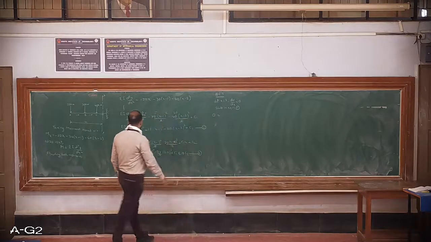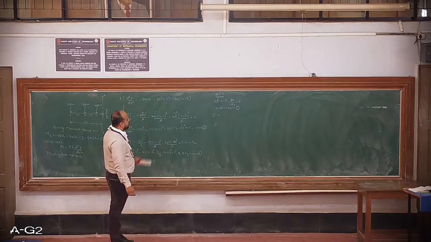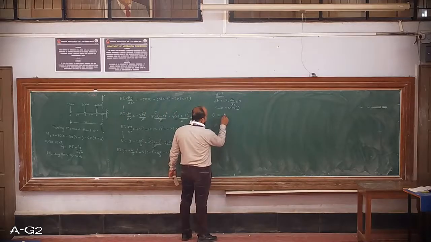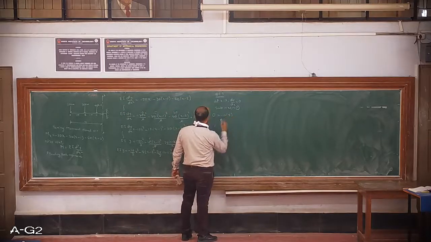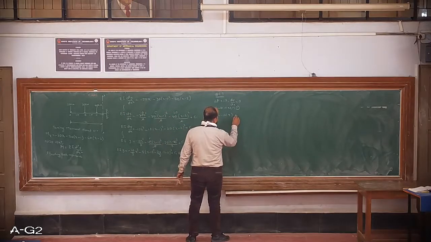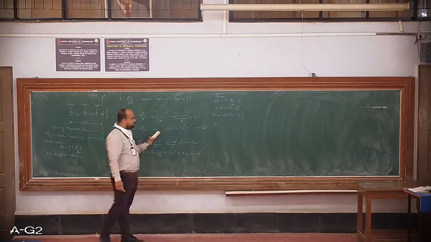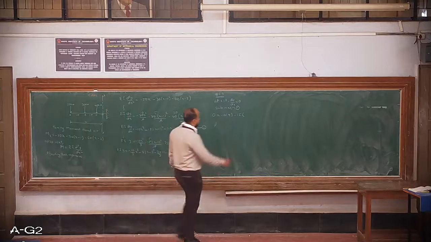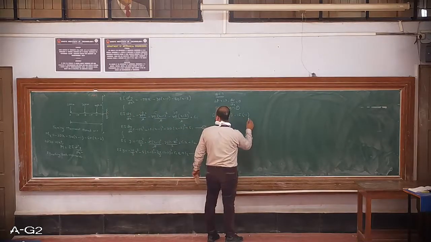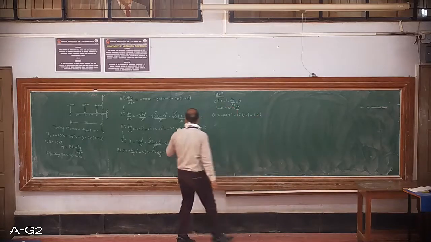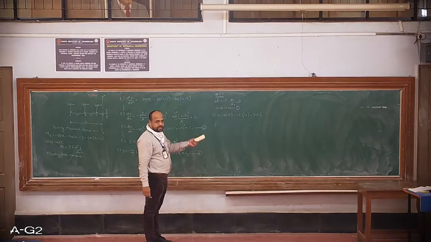Equation 1 is here. Minus 10, x is 3, 3 square is 9, so minus 10 into 9. Minus 15, x is 3, 3 minus 1 is 2, 2 square is 4. Next, minus 20, x is 3, 3 minus 2 is 1, 1 square is 1.